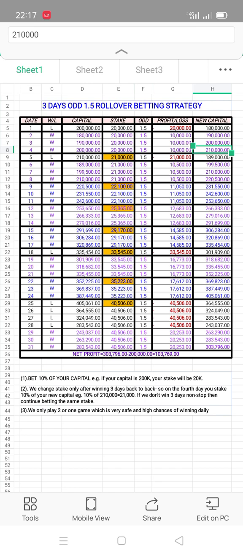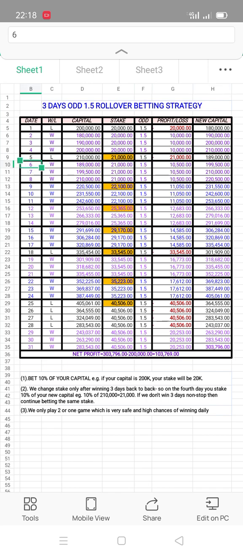After rolling over, now we are going to change our stake. So our capital is 210,000 now, and we multiply it by 10%, and we get our new stake, which is 21,000. That one highlighted in orange. So our stake is 21,000, but on day 5, as you can see, we lost. So this one we record as negative 21,000, and now our capital will have reduced to 189,000.